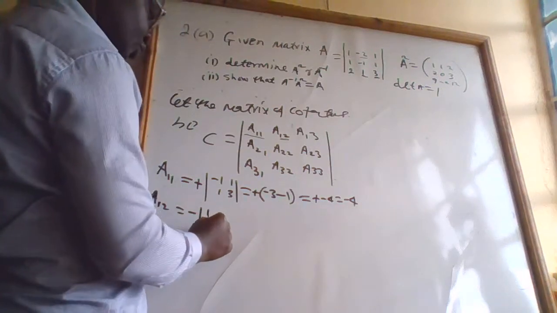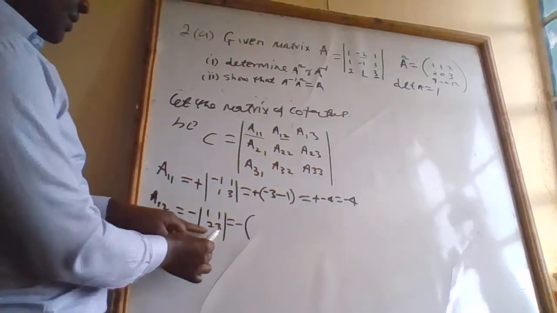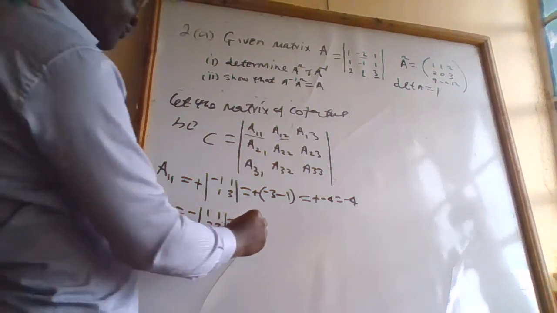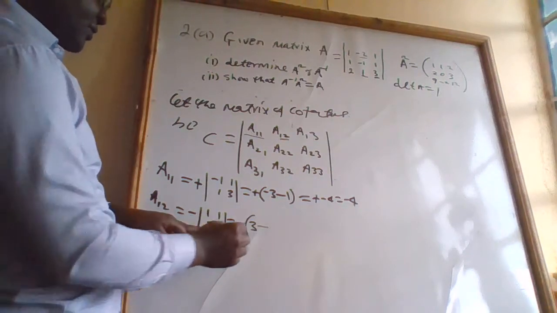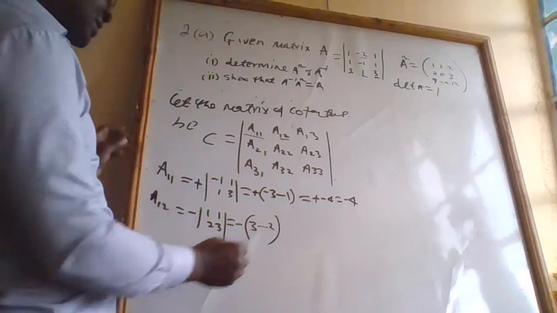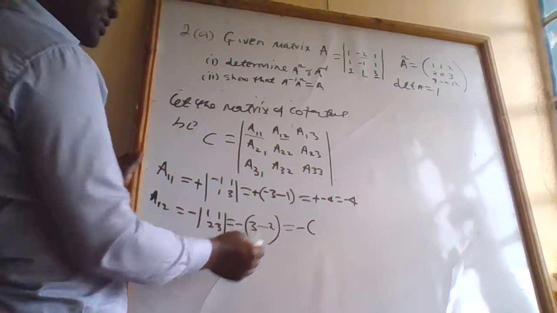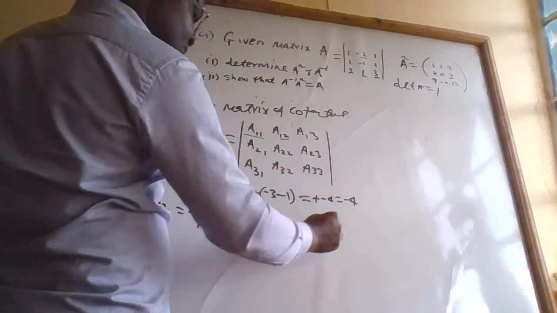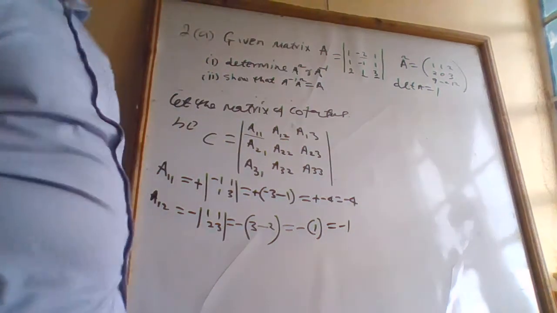This equals minus, the place sign, 3 times 1, we have 3, then minus 2 times 1, we have 2. So this equals minus into 3 minus 2, we have 1, which equals negative 1.